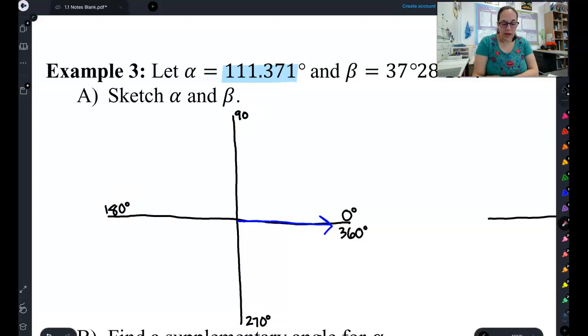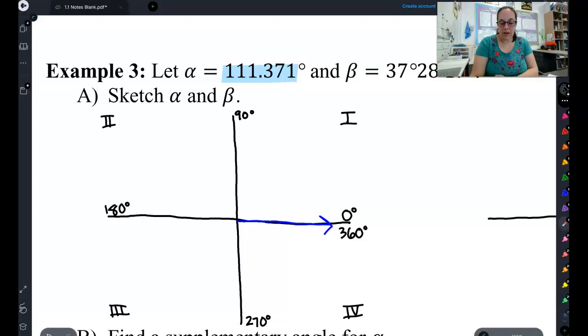So now that I have those drawn in, it's a little easier to see where 111 would go. 111 is going to be in quadrant 2. Now, just in case you've forgotten your quadrants, we always put quadrant 1 up here in the upper right, and then go counterclockwise from there. So this is quadrant 2, this is quadrant 3, and this is quadrant 4. And that's how we name them.